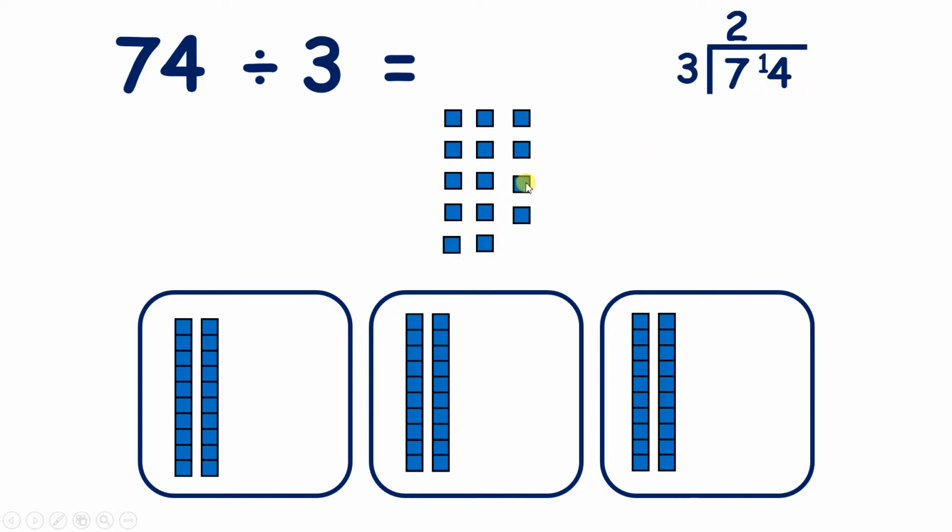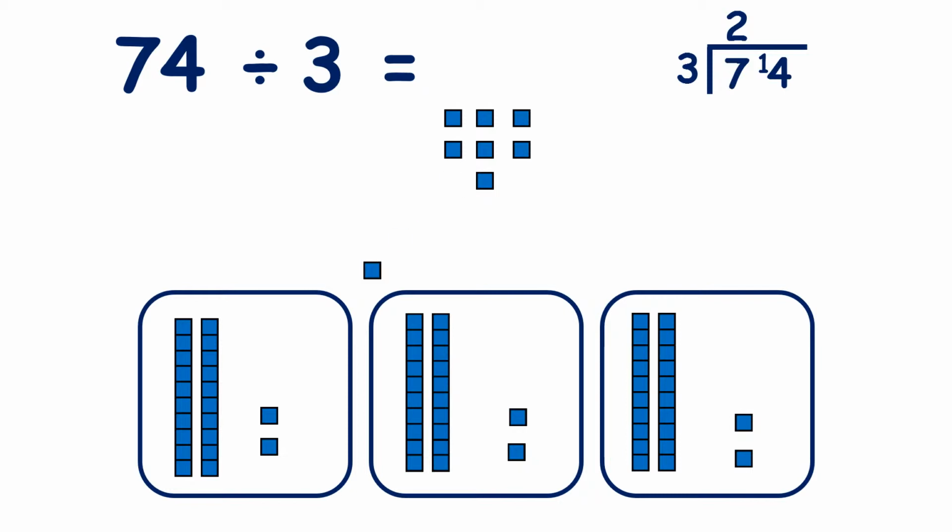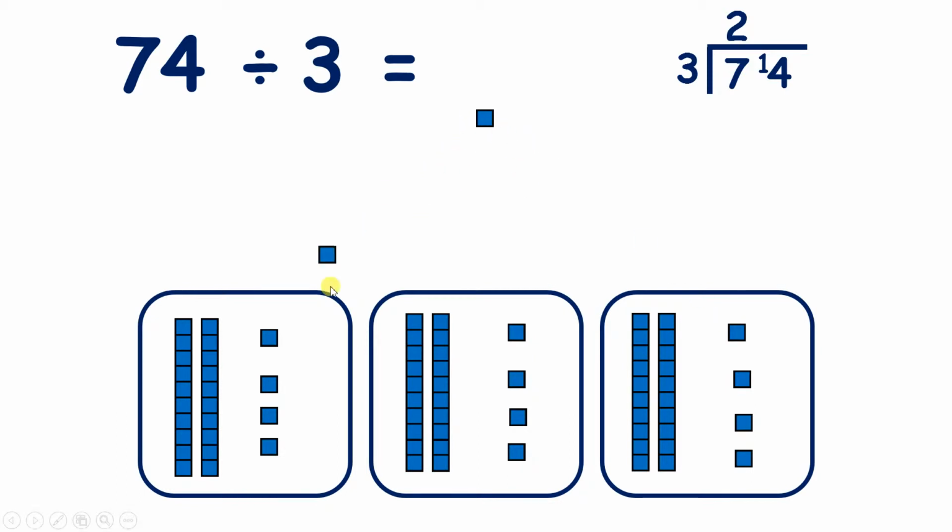So let's share out those units. But we can't share out these last 2 units. Otherwise, not every group would be equal, and with division, we need to share equally.